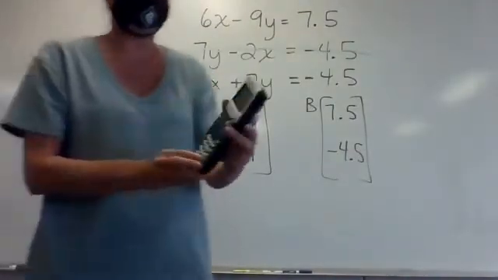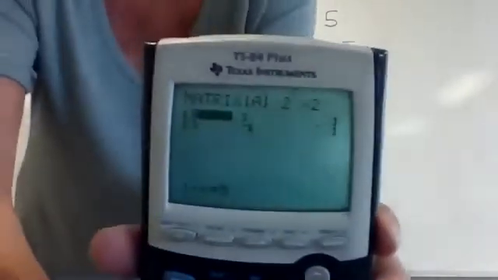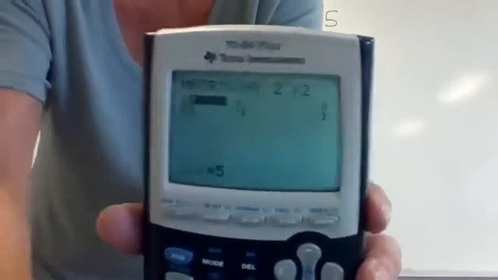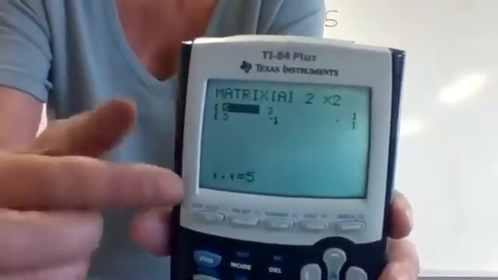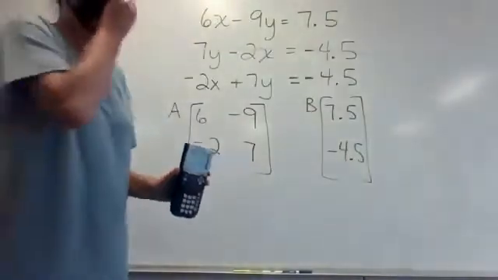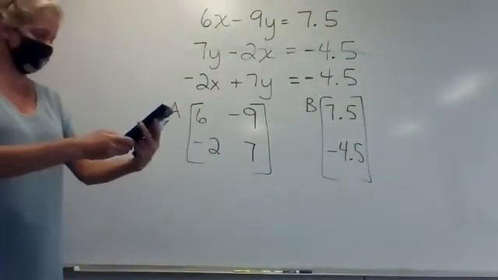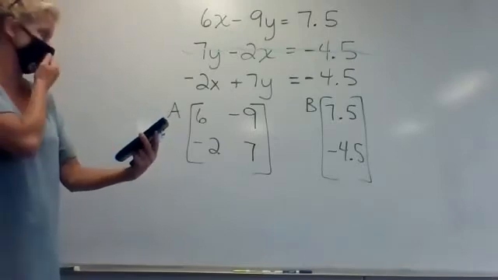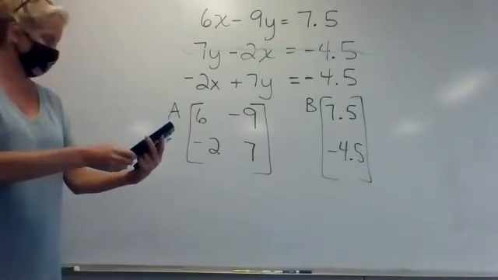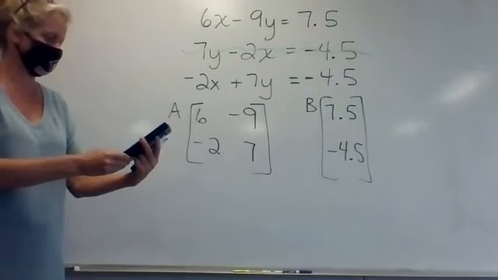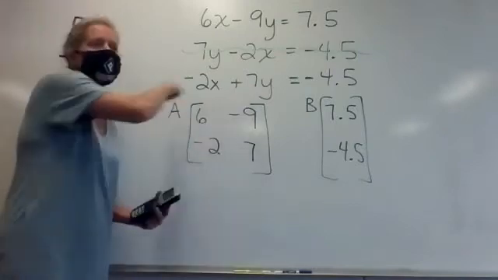So it's also 2 by 2. So you can just hit enter, enter, because it's the same. Now just change these numbers of this 2 by 2 matrix to these. So 6, enter, -9, enter, -2, 7. So I've made matrix A.